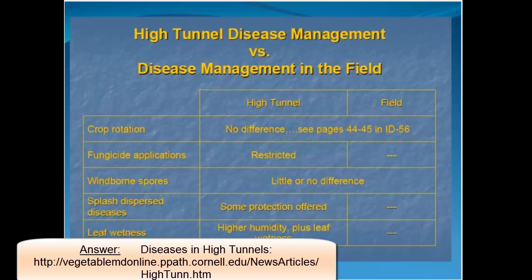If we have sited the high tunnel in a spot where water's not running in, with a good site selection so that water runs away from the tunnel, we've done a good job managing our irrigation, and we have fans in place and manage our ventilation such that we don't have extended periods of time where leaves remain wet, we wind up seeing those diseases in many cases going to absolutely zero, with no fungicide application being required whatsoever.